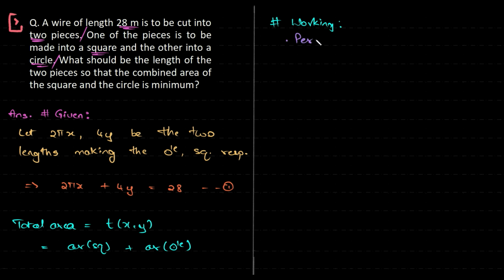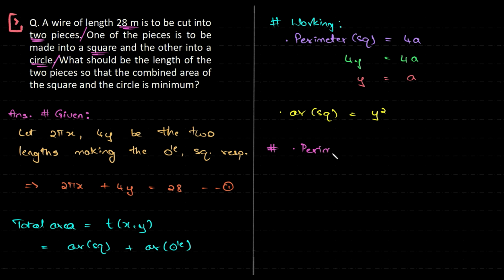So perimeter of the square is given by 4a. So 4y is equal to 4a and we have y is equal to a. Simple thing. And so the area of the square will be y square. Next, we have the perimeter of the circle, which is given by 2 pi r, not 4.